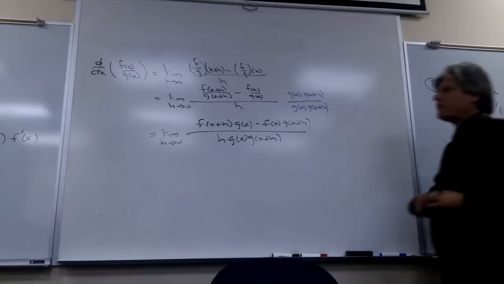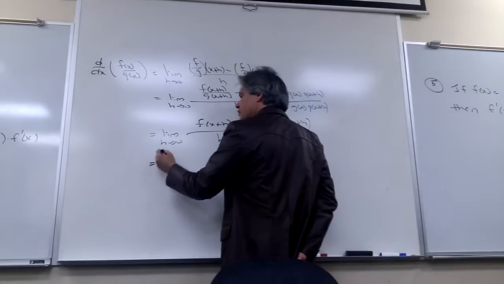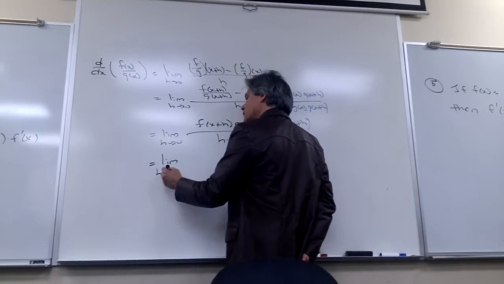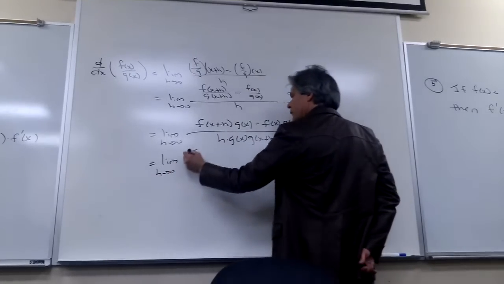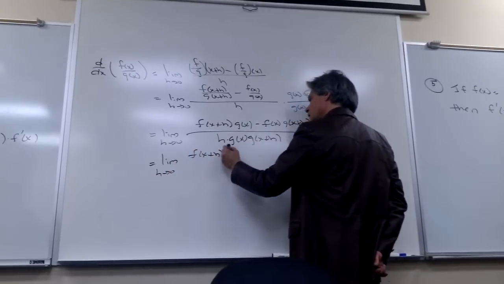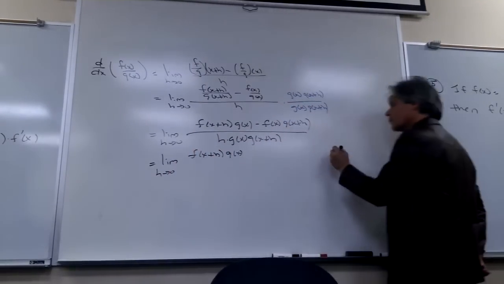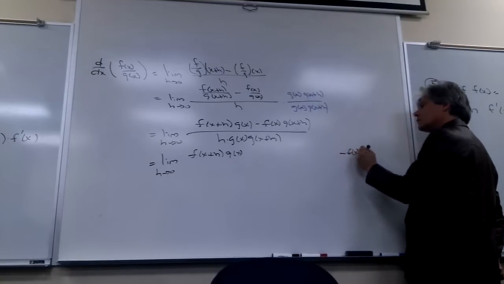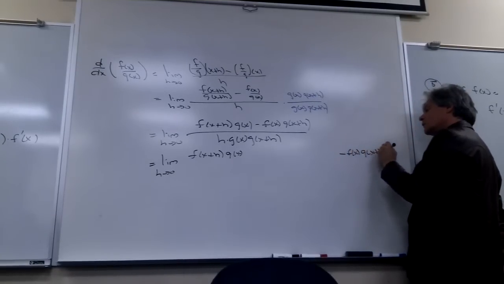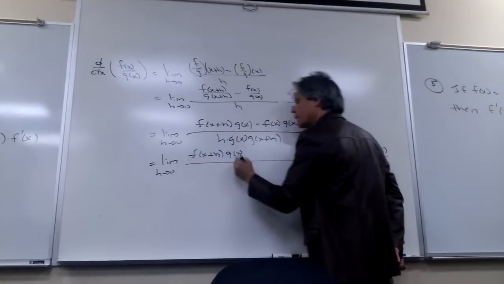And with my black pen, I'm serious, I'm not going to change anything. This is the limit as h goes to 0 of my f of x plus h times g of x minus my f of x, g of x plus h, all over stuff.